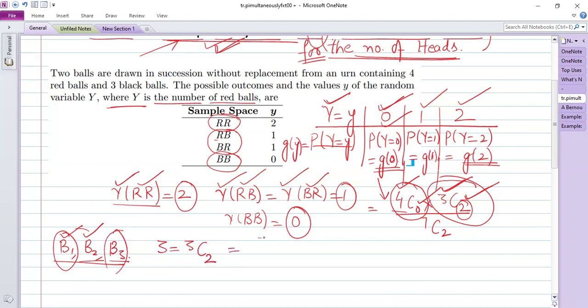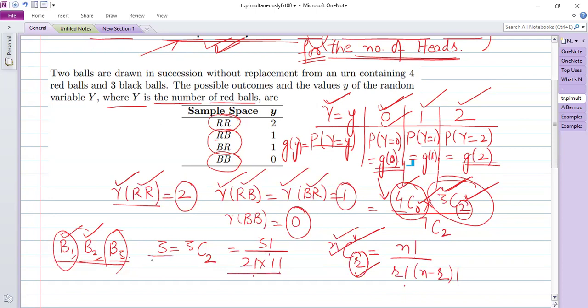This is 3 factorial divided by 2 factorial into 1 factorial. What is nCr? It is n factorial divided by r factorial into n minus r factorial, the number of ways of selecting r things out of n. That's why this is 3.